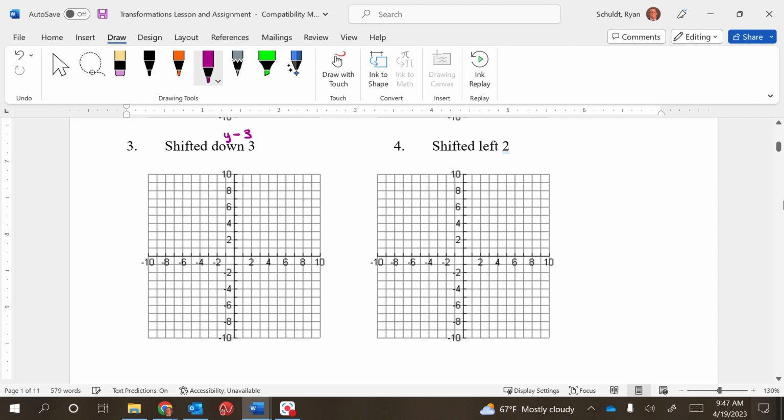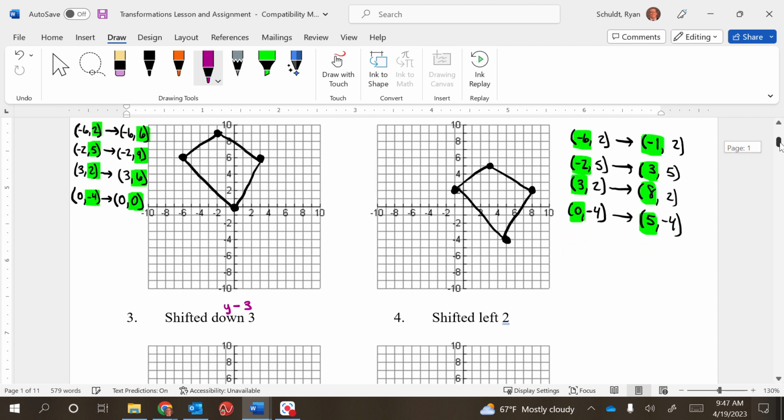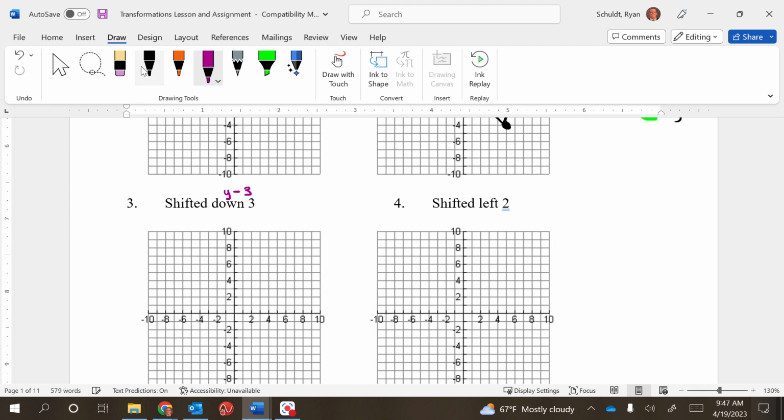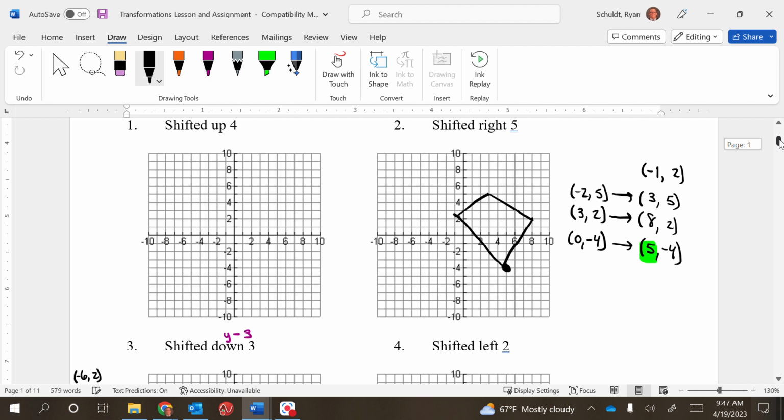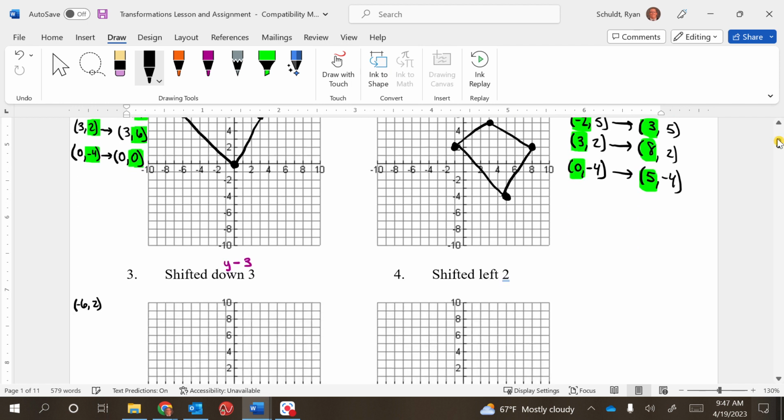So we still have our same original points: -6, 2; -2, 5; 3, 2; and 0, -4. Now we have to take our y's and subtract 3 from all of them.